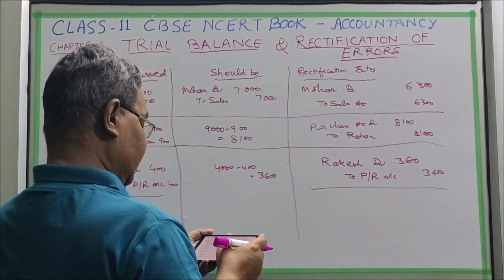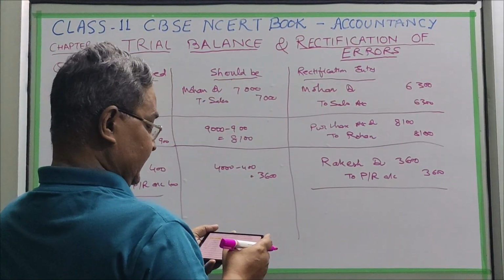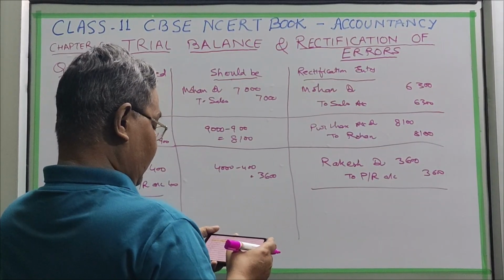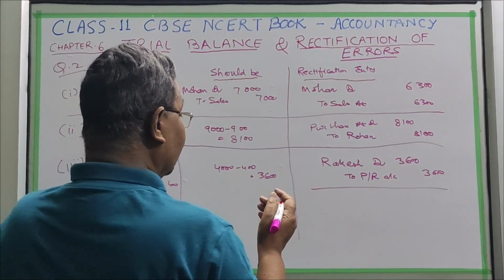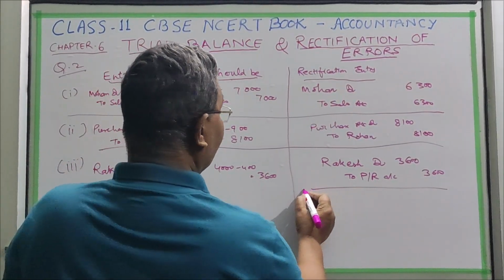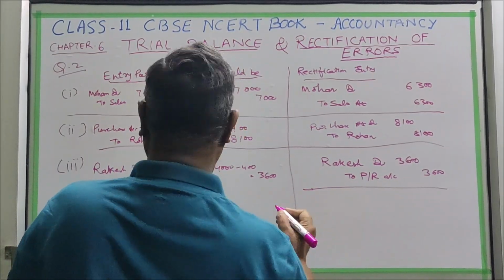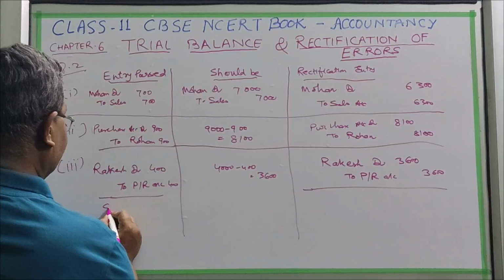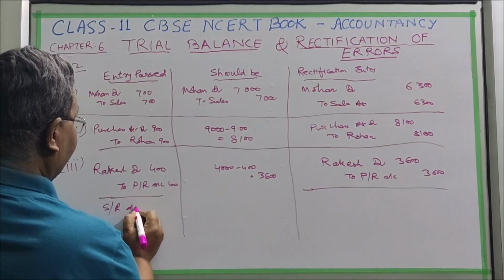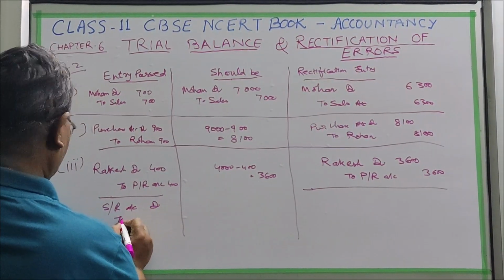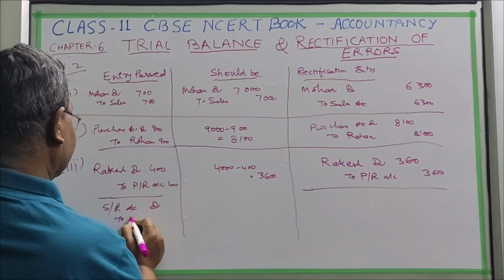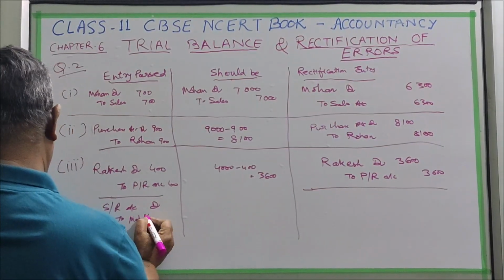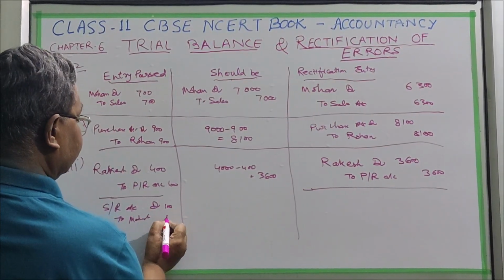In this way, goods returned from Mahesh 1,000 were recorded as 100. Mahesh has given you goods, so Mahesh will give you sales return. So sales return account debit to Mahesh. You have done 100 rupees.